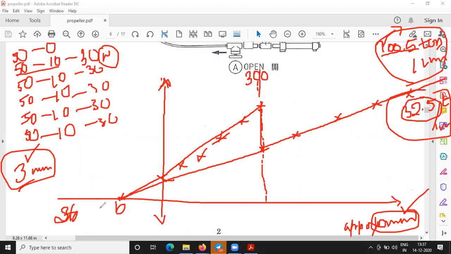Now, what is the significance of finding a standard point? So you understood how we obtained the standard point? Yes, sir. Okay, now what is the significance of this standard point? Why do we have to know it?